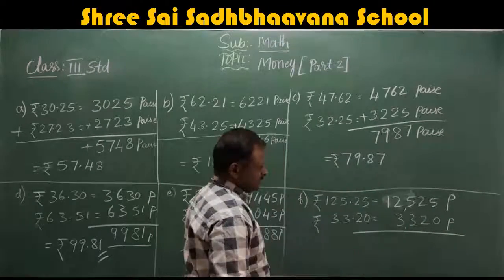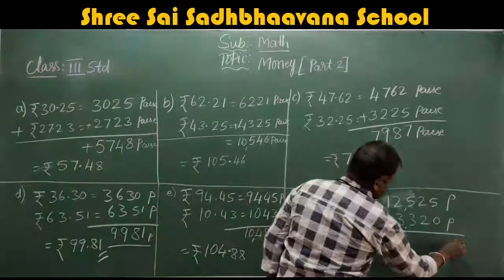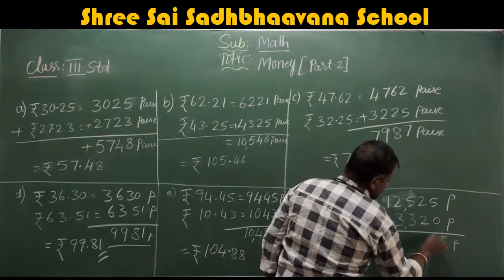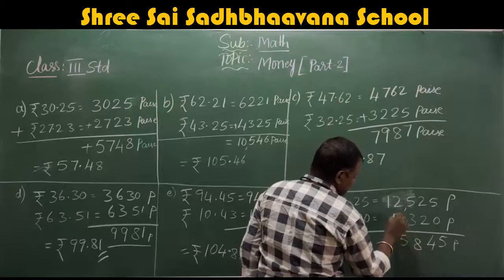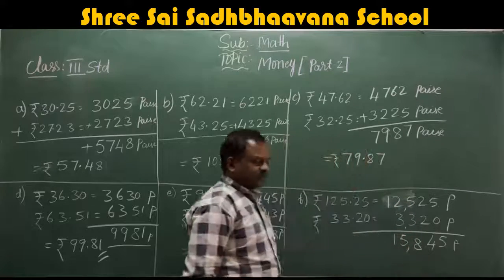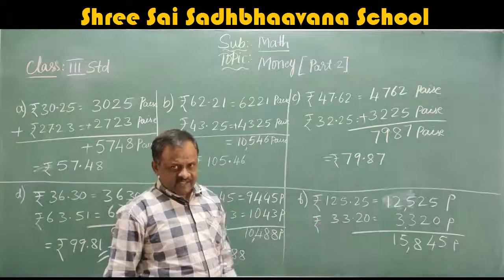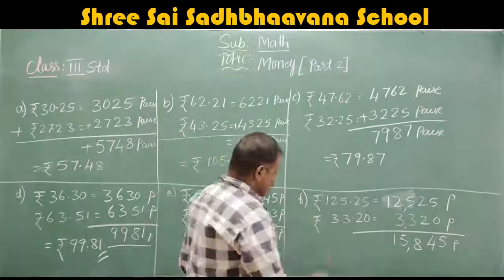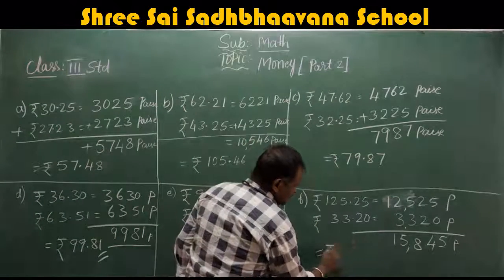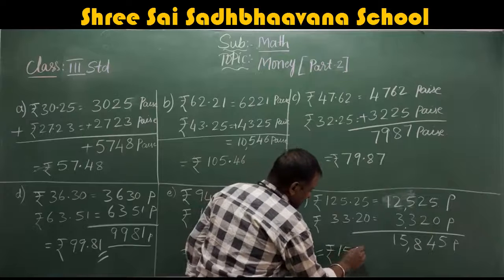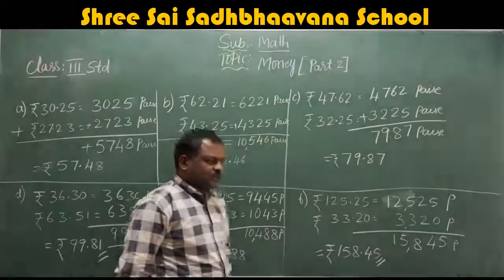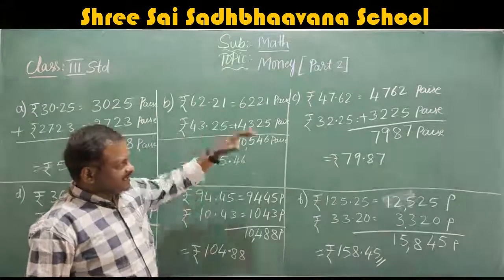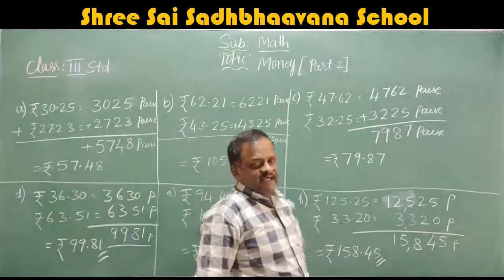Add paise as it is: 5 plus 0, 5. 2 plus 2, 4. 5 plus 3, 8. 2 plus 3, 5. 1 as it is, that is 15,845 paise. When you write this in rupees, rupees 158.45. So this is how you convert the given rupees into paise and then add.